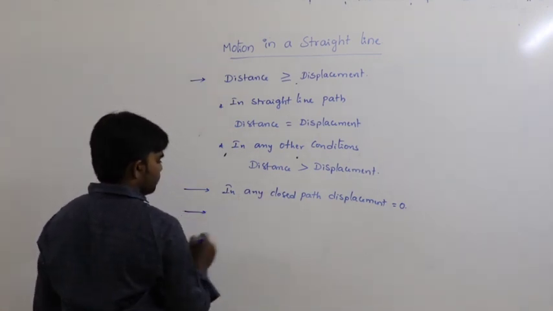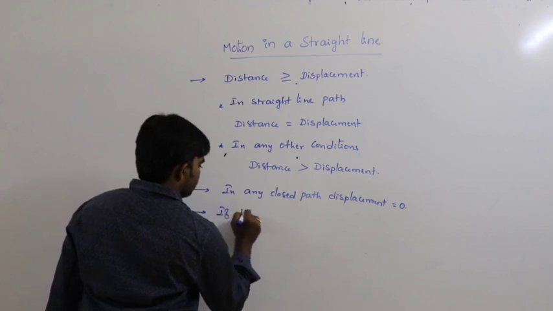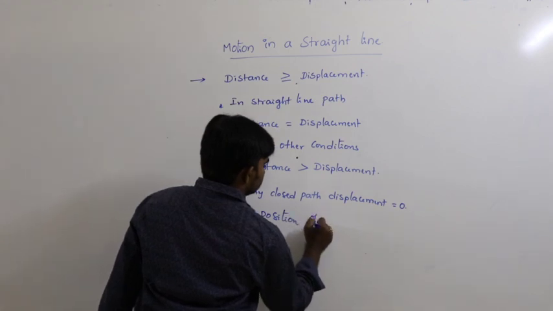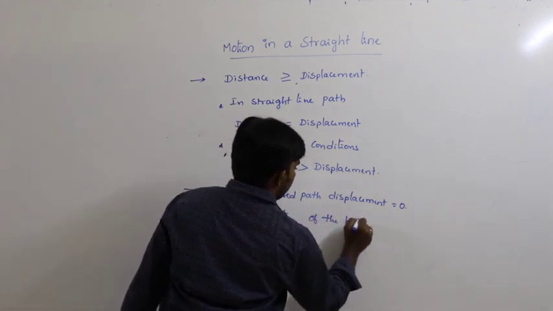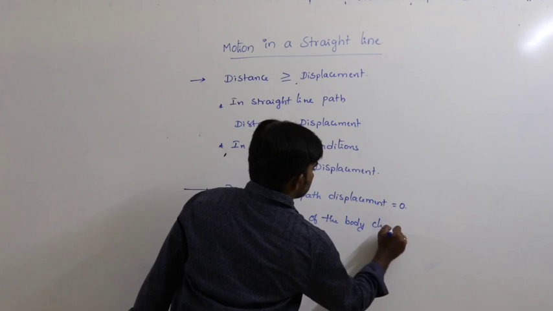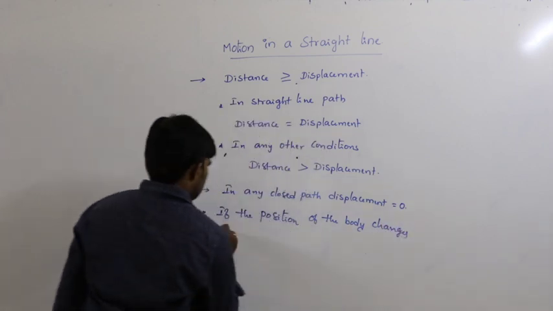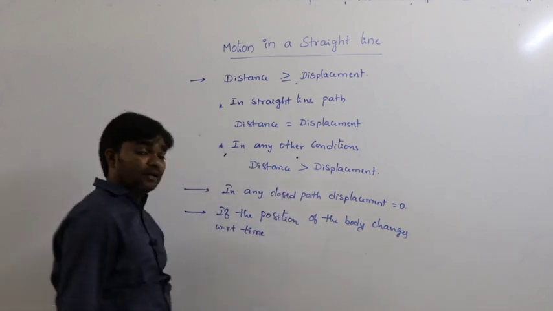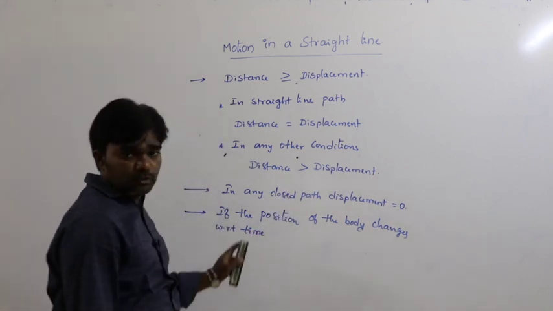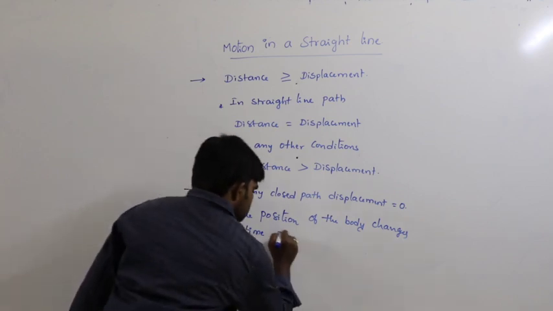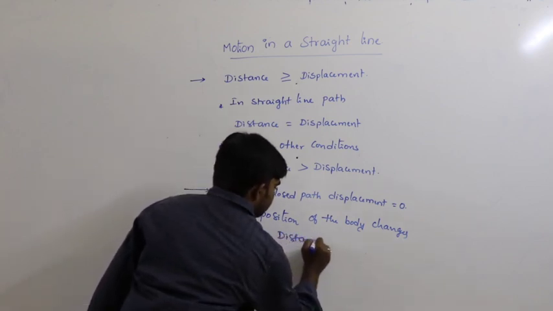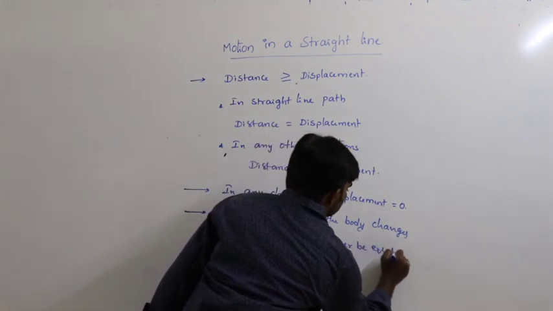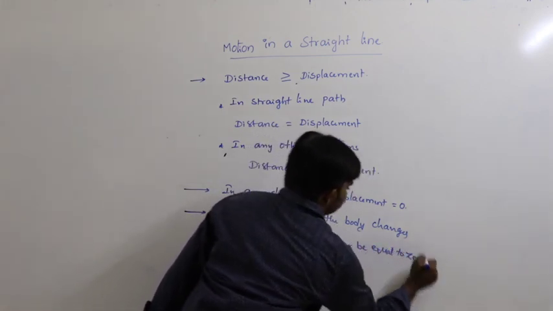Next, if the position of the body changes with respect to time, that means if the body is in motion, distance can never be equal to 0.